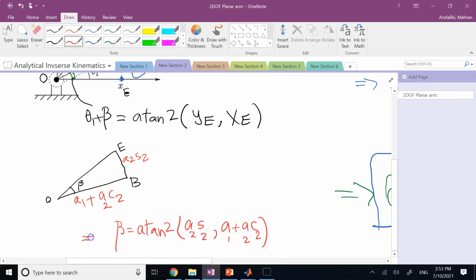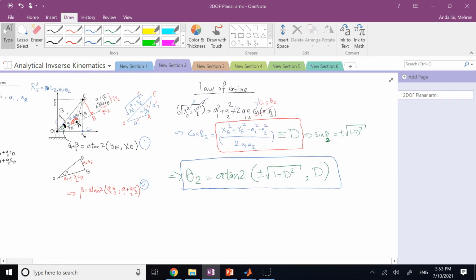And so, if I call this equation 1 and I call this equation 2, if I plug 2 into 1 and subtract on both sides, that will give me my theta 1.